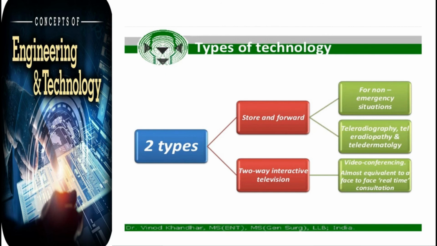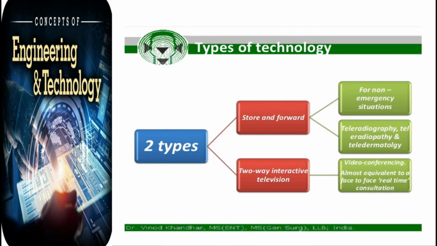When you understand store and forward, the word itself says that all the information will be collected, stored, and forwarded. For example, in the nodal center, a patient comes for treatment, and they take all the required images, signals and so on. They store them in a localized system. Then they forward the information to the referral centers. Okay, you understand what I'm trying to say?